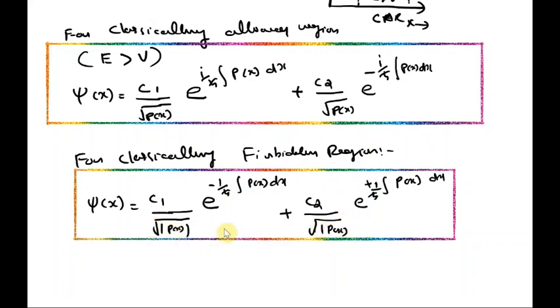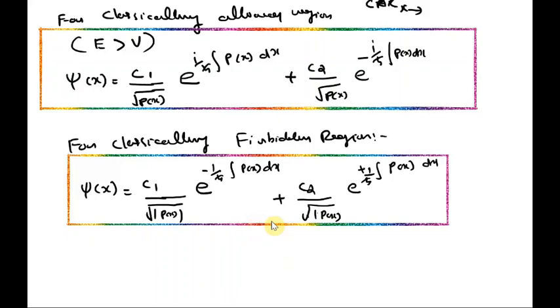So the probability of finding the particle at any instant is going to be proportional to 1 by p of x, inversely proportional to the momentum. This is familiar from classical examples, like simple harmonic motion.